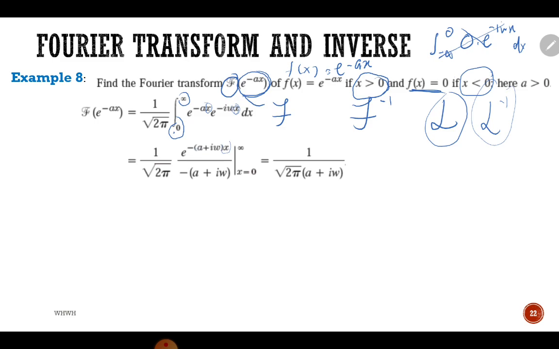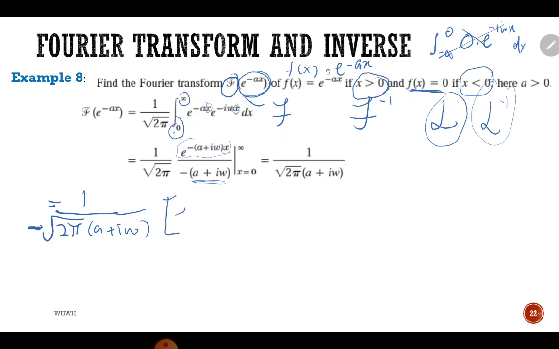So we have negative a plus i omega, and remember when you want to integrate, we copy back the question, and we divide by the derivative of the power, which is negative a plus i omega. So this square root 2 pi, the negative, let's put it in front of the negative a plus i omega, because this is a constant, nothing to do with x.